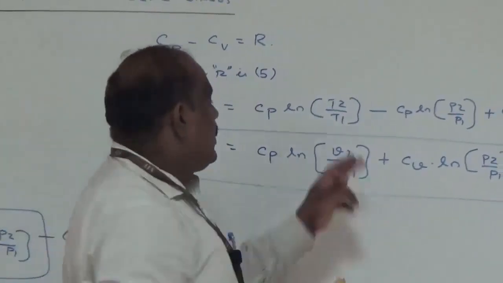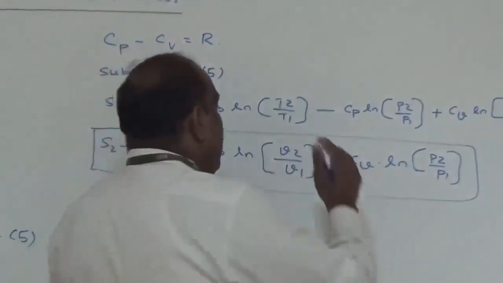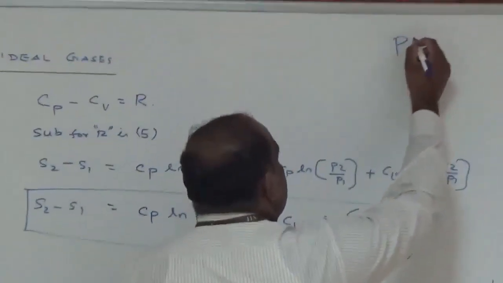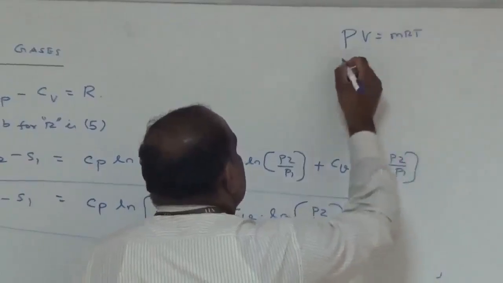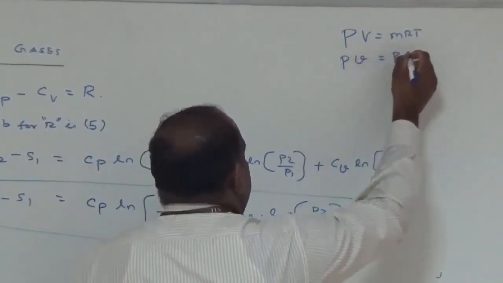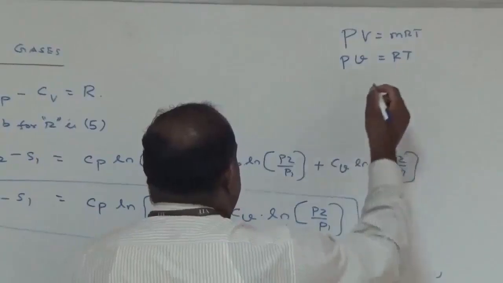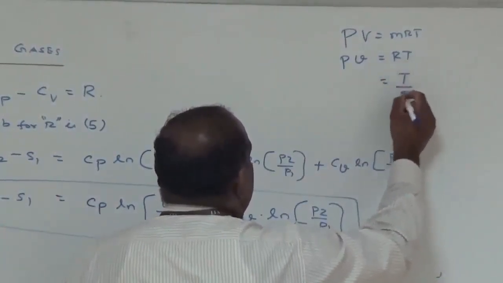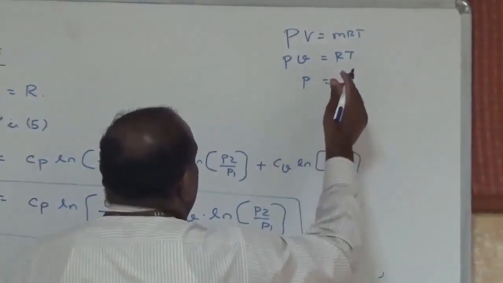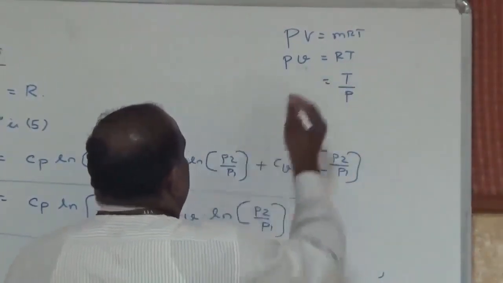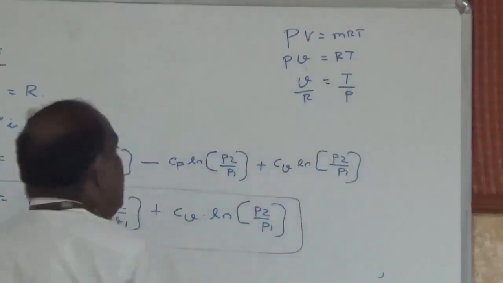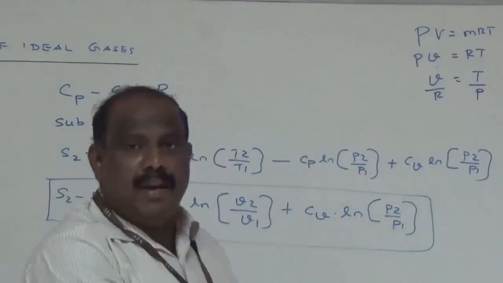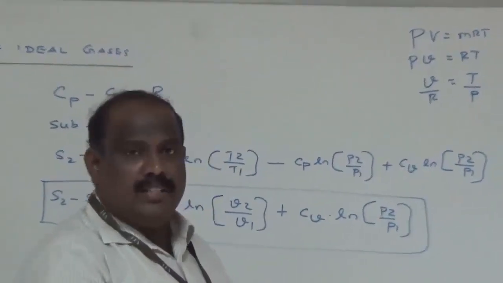How did I get this relationship? Once again from the ideal gas equation. How have I made these two terms into one term? That is from the ideal gas equation. What is the ideal gas equation? PV equals mRT, so P into small v equals RT. I want T by P, so T by P will be equal to v by R. So T2 by P2 will become v2 by R. Similarly, because the same gas is expanding, there is no need to put R1 and R2.